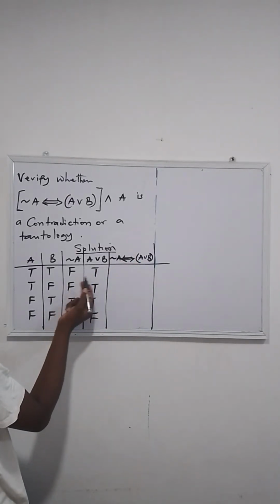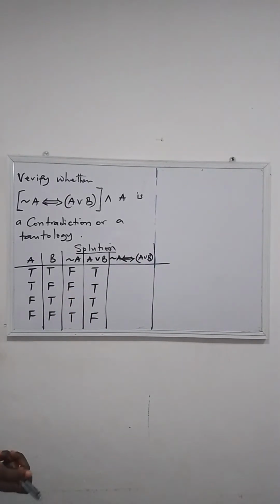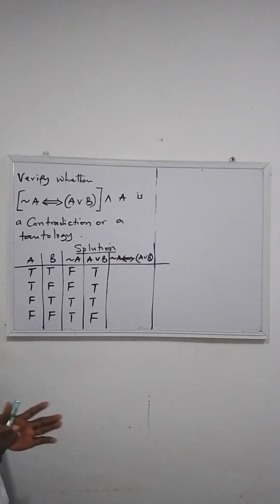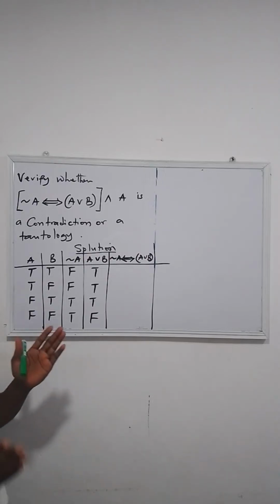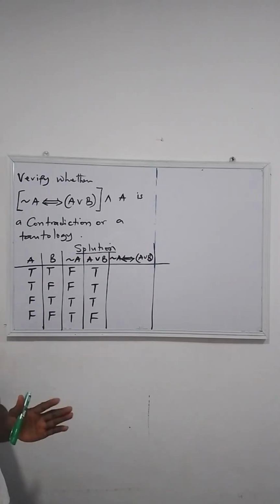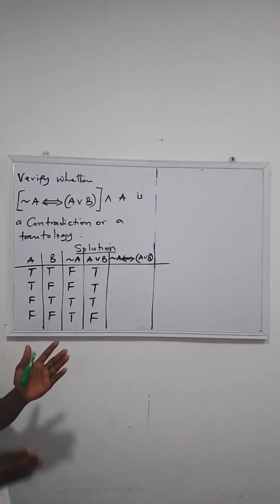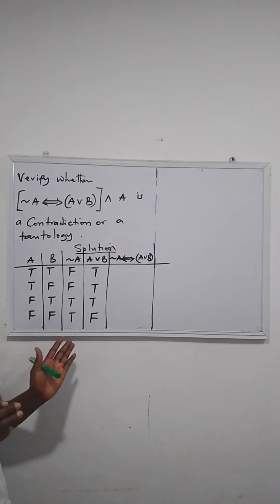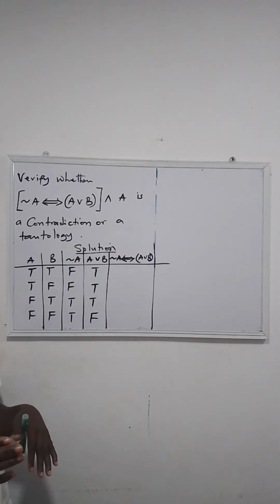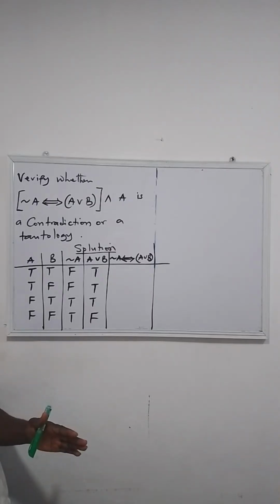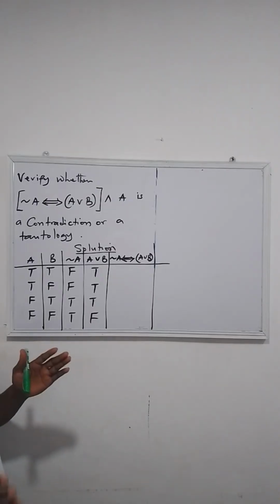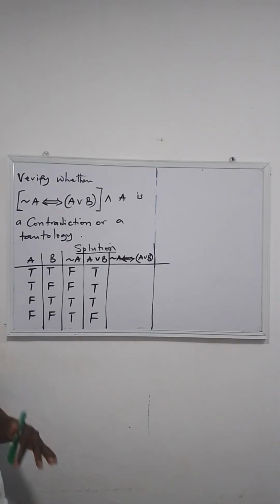So now let us look at it. Don't forget your biconditional. You will have a truth value of true if the two statements are the same. That is, if we have true, true, or we have false, false. That is the only condition that will make us have true. Okay, but if the two statements are not the same thing, the result is going to be false.